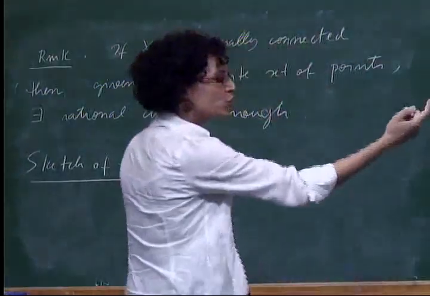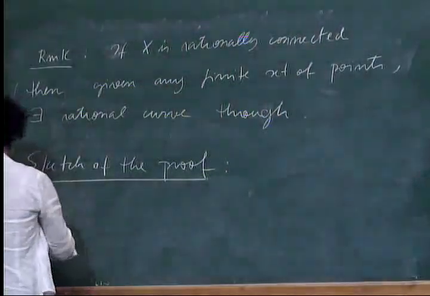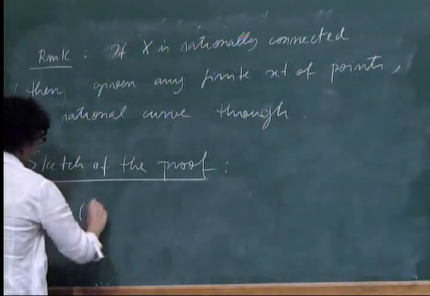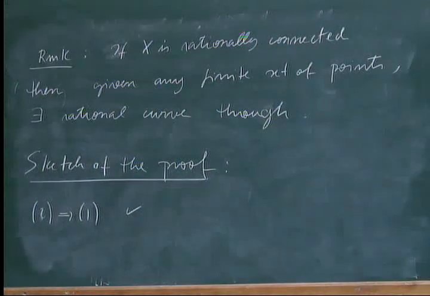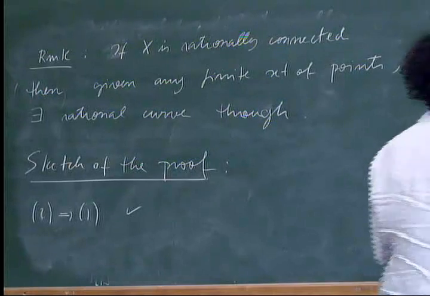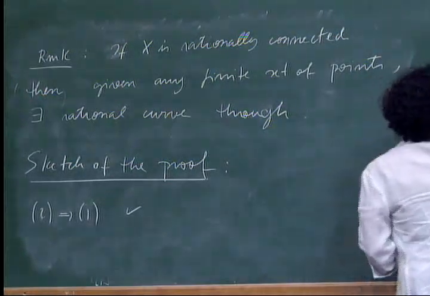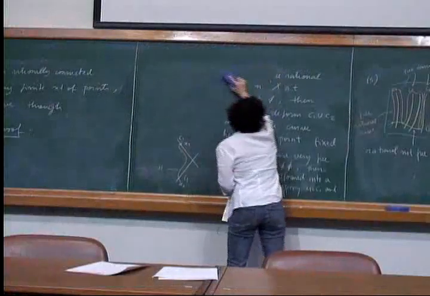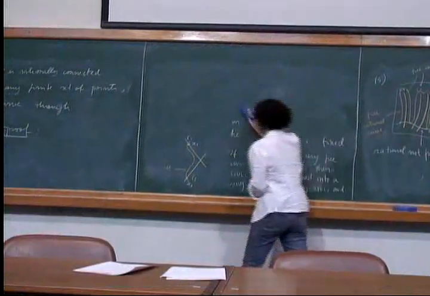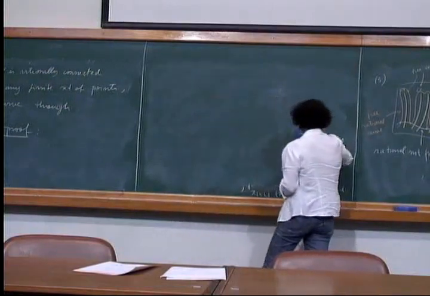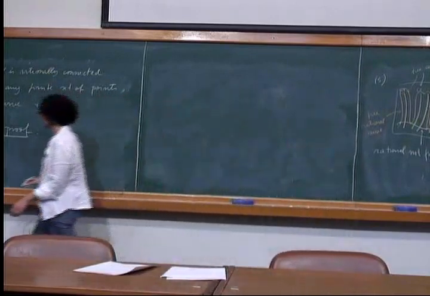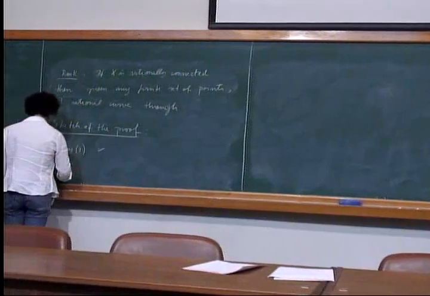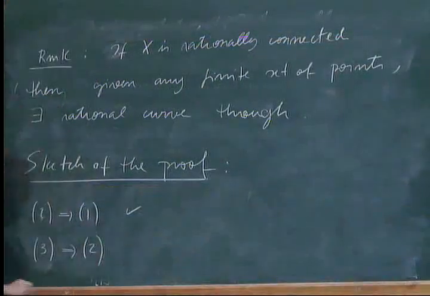So 2 implies 1 is obvious. Next I want to show that the existence of a very free curve implies 2, that any 2 points can be connected by a rational curve. So we want to prove that 3 implies 2.